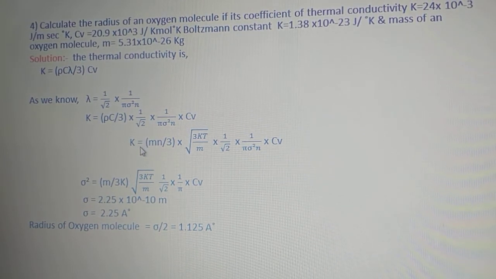So this gives us K equals to m n by 3. So rho into C is m n into square root of 3 kT by m. Now what is this 3 kT by m? It's the value of RMS velocity, right?